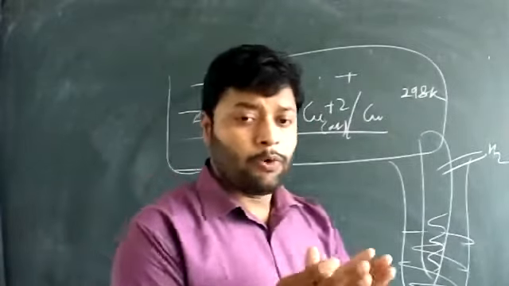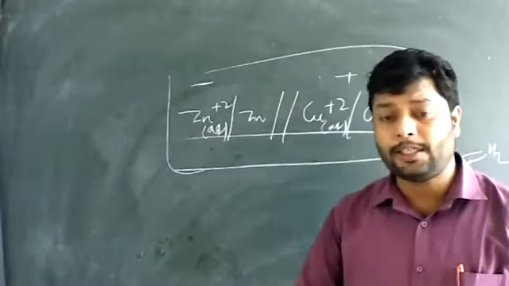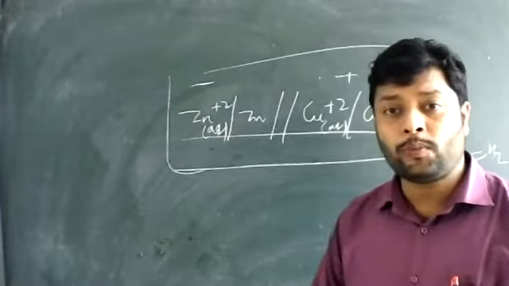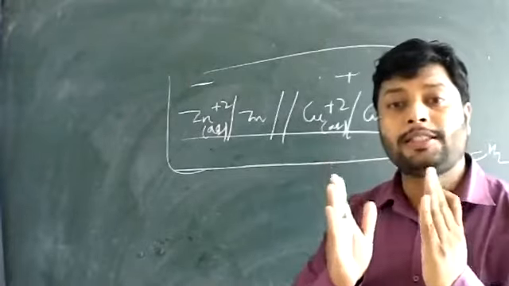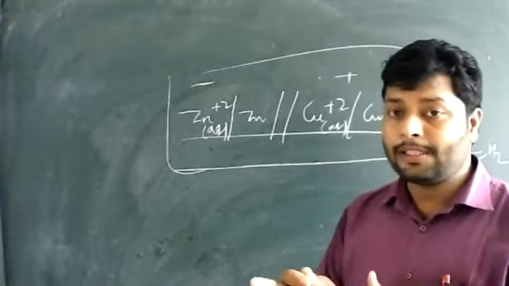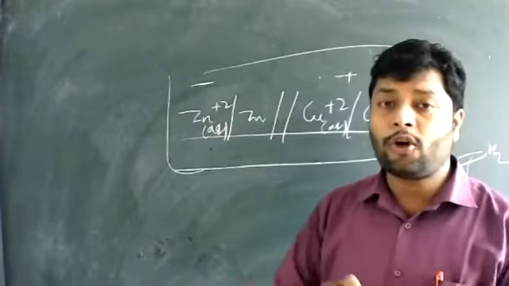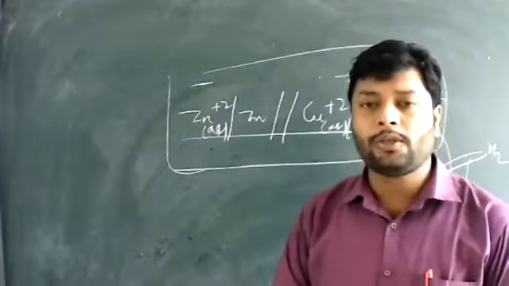So whenever we have a doubt regarding the standard condition, we compare the given electrode with the standard electrode in an electrochemical cell. With reference to hydrogen, we can measure the electrode potential of other electrodes in standard condition.